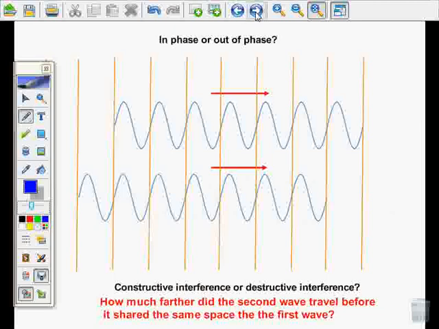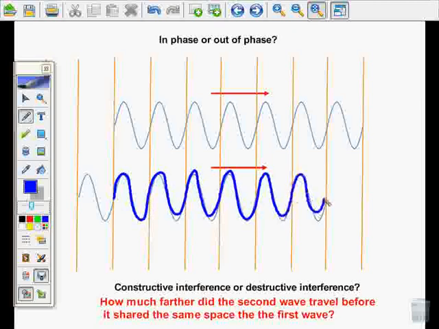This time the lower wave has been shifted over to the left even more. The part that will share the same space at the same time is this over here. That is going to be superimposed with this right here.